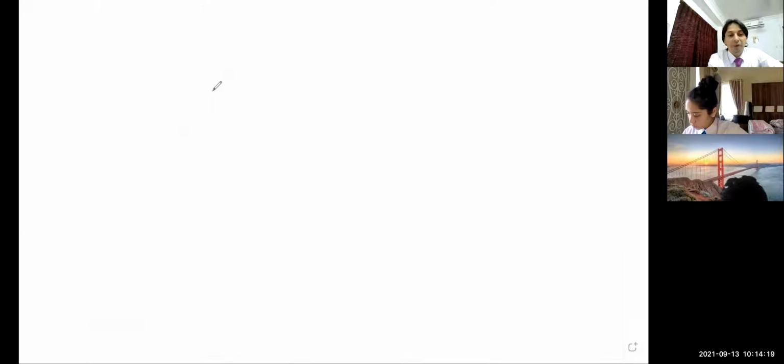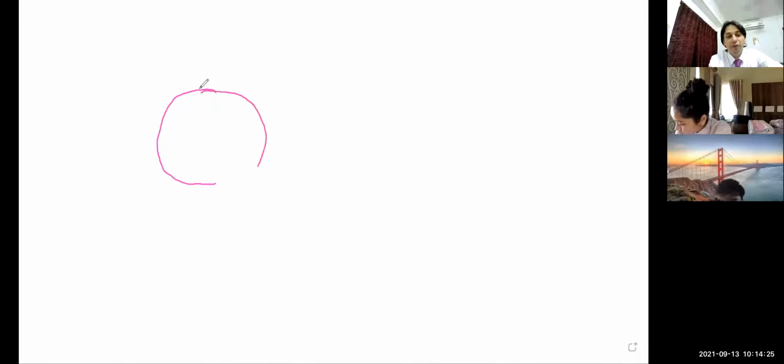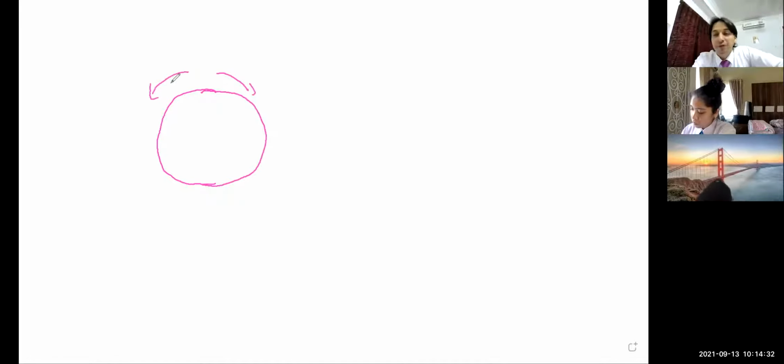Now, children, remember, whenever the object is in circular motion, let me draw a circle here, whether it is clockwise or anti-clockwise, it doesn't matter. This is the center.